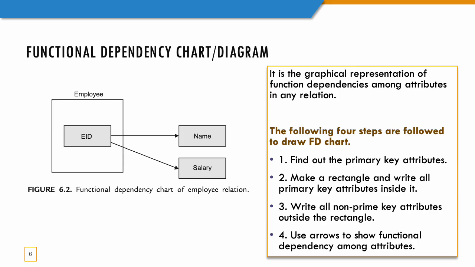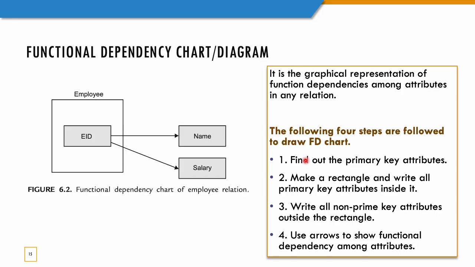To create a functional dependency chart for a relation, we need to follow 4 steps and organize them. The first one is to identify the primary key attributes.